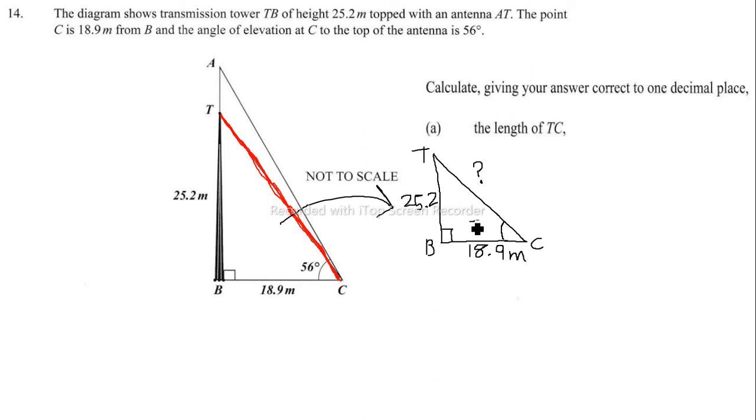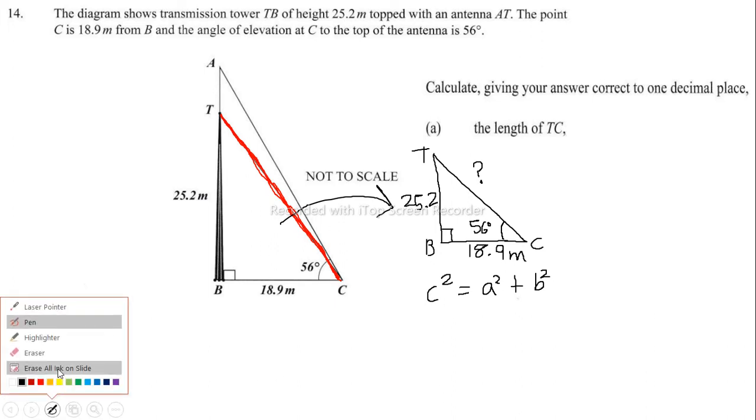What we're going to use is Pythagoras Theorem. Pythagoras Theorem says that c squared is equal to a squared plus b squared, where c is the length of the longest side, or the hypotenuse.